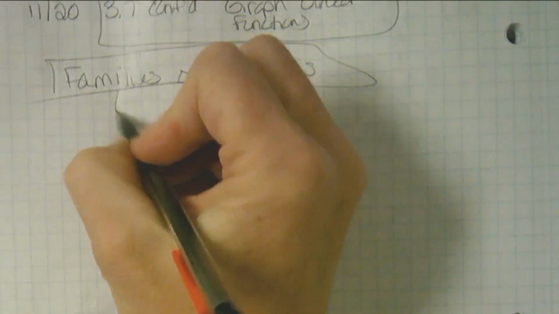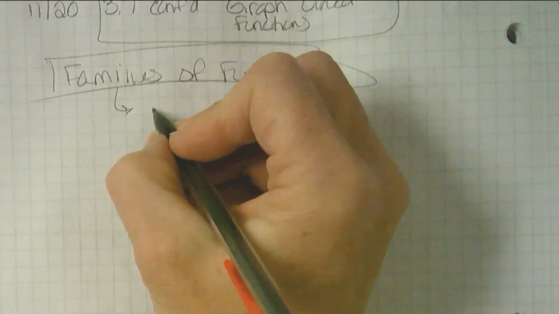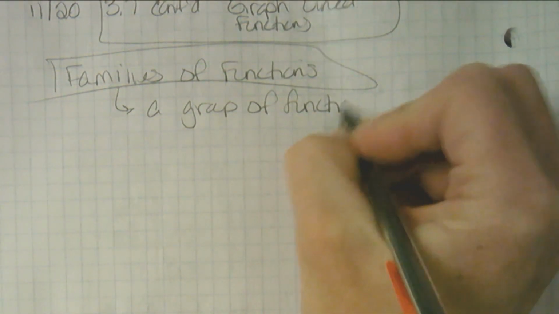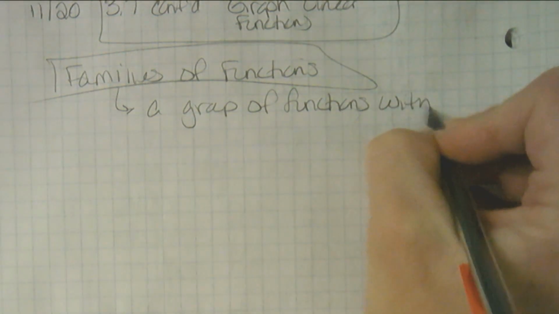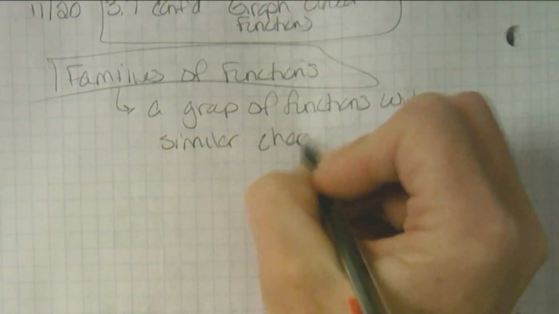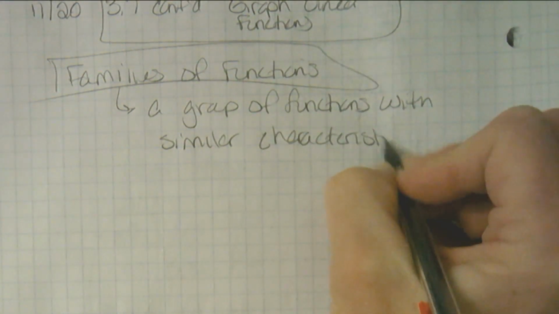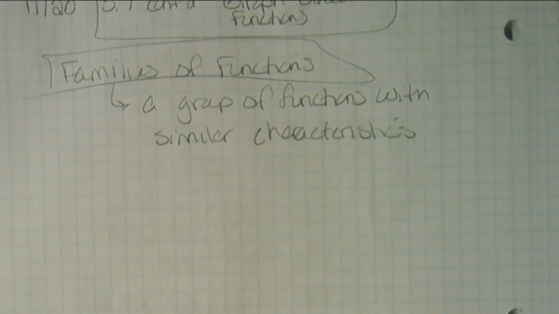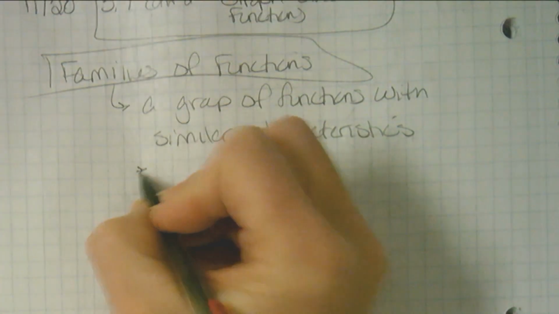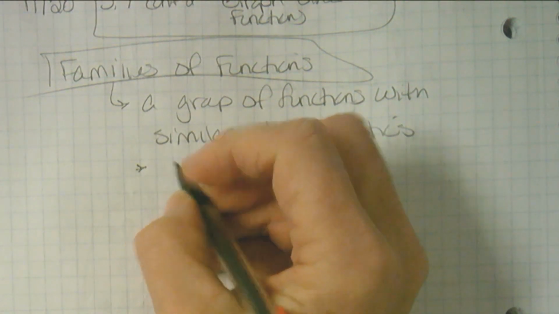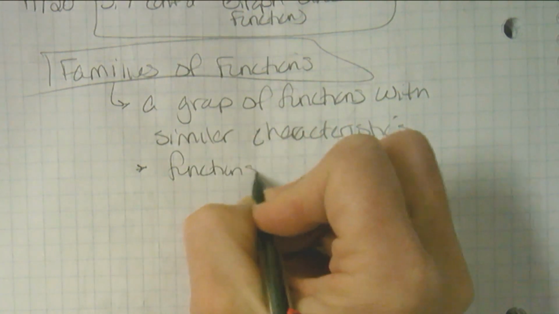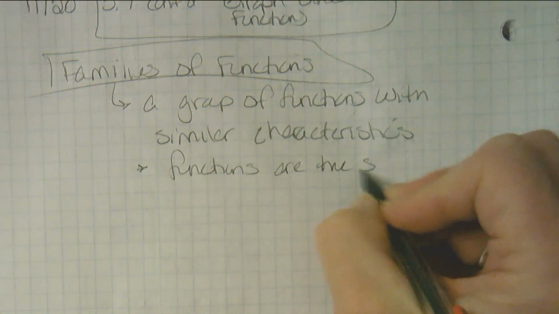All right, so what this means is these are a group of functions with similar characteristics. That might mean that the equations, the functions, are the same form.